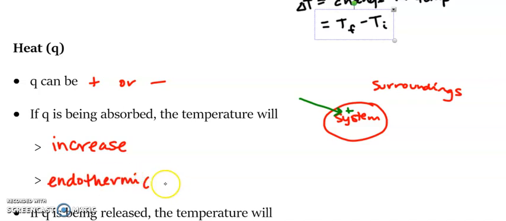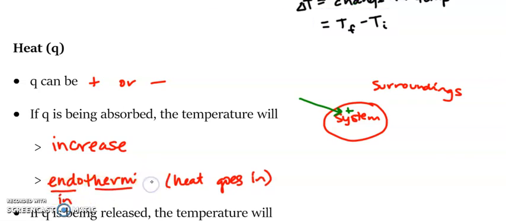Okay, so I'm going to write heat goes in, because endo means in, therm means heat, so heat's going in. So what you will find always in this is that if your Q is positive, your change in temperature will be positive, meaning your final temperature will always be higher than your initial, right? Because the temperature is increasing.